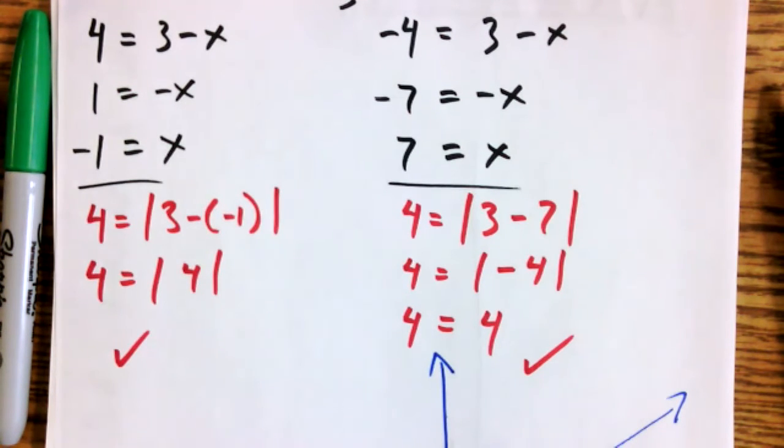Yep. I'm just confused about, this is my dumb question, but where it says negative 7 equals negative x, how can you just make them both positive? You kind of divide both sides by negative 1 or multiply both sides by negative 1. Not a dumb question.